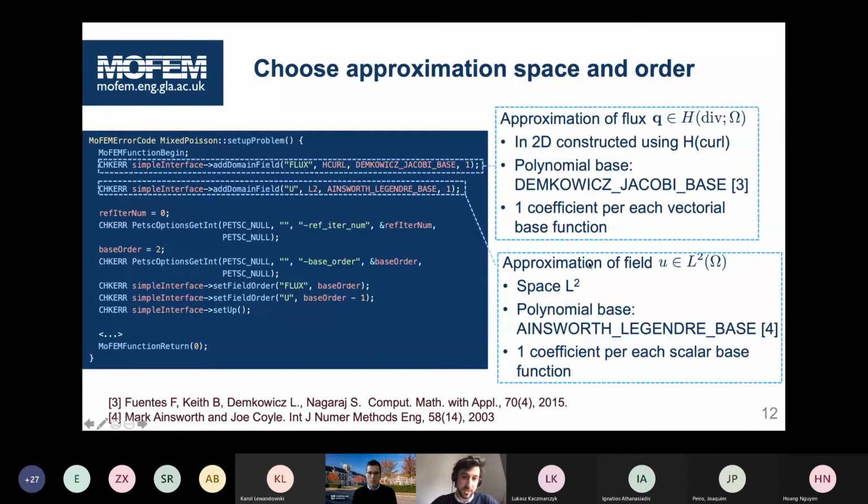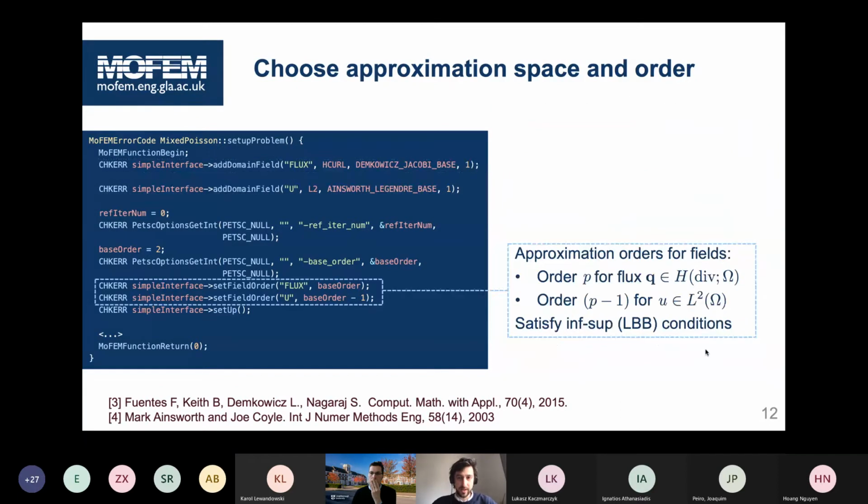And here we could consider a different polynomial base. This is one of the features of MoFEM, that we can mix not only different spaces, but different polynomial bases to suit our needs. And here field U is scalar, and therefore we use only one coefficient per each scalar base function. And what's important is that with the mixed problems, we need to satisfy the inf-sup conditions.